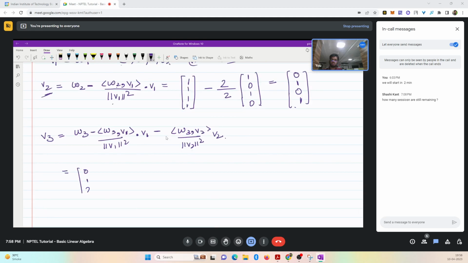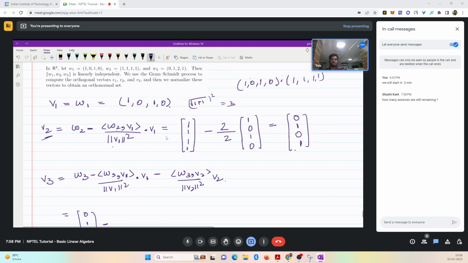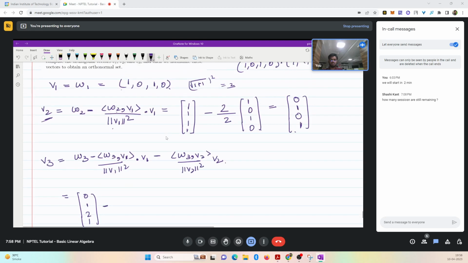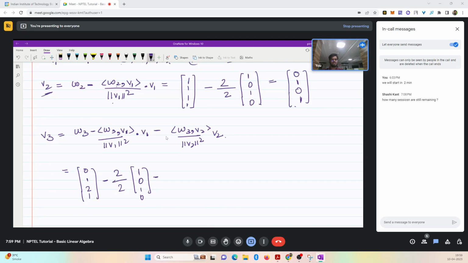If you take its dot product with 1 0 1 0, what do you obtain? 2. Then we have norm of V1 square, that is again 2, times V1, that is 1 0 1 0. And now we have the second one from here. This is V2, right?